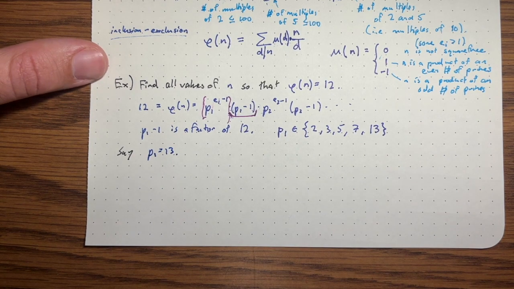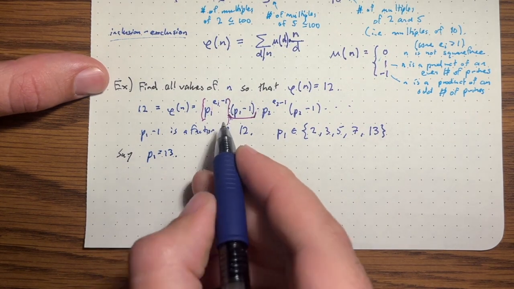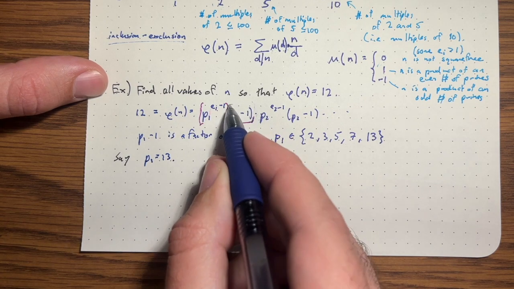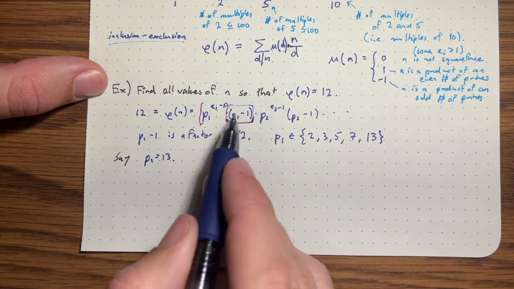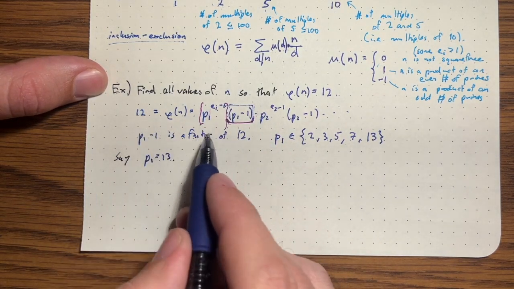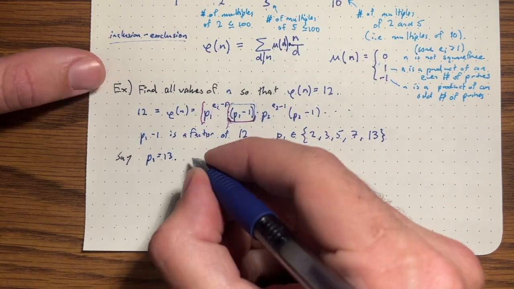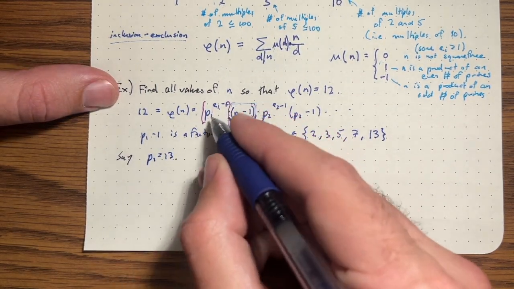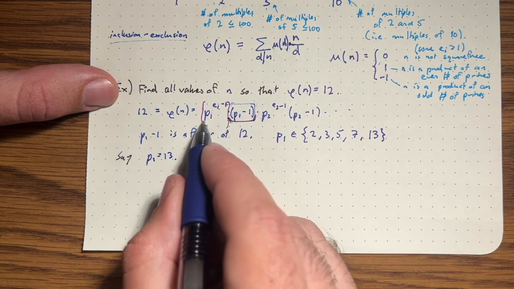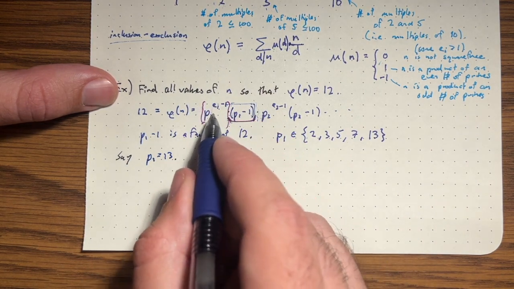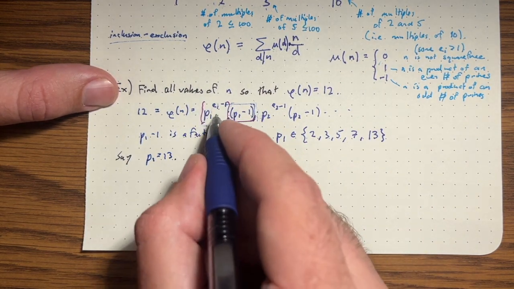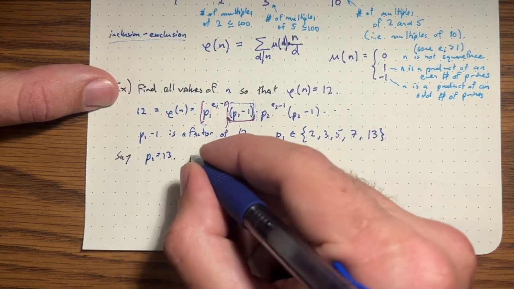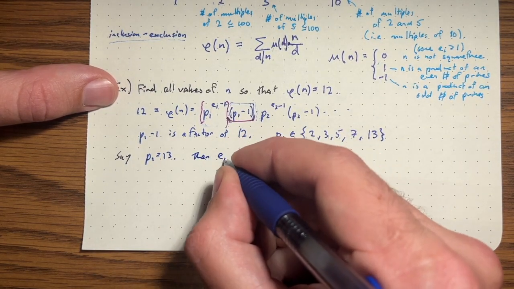Well, that would mean that this term itself is already equal to 12. Right? So everything else has to be 1. So P minus 1 is already equal to 12. Like this term we have to include as part of this product, but this is okay. We could have E1 equal to, in fact, we have to have E1 equal to 1.